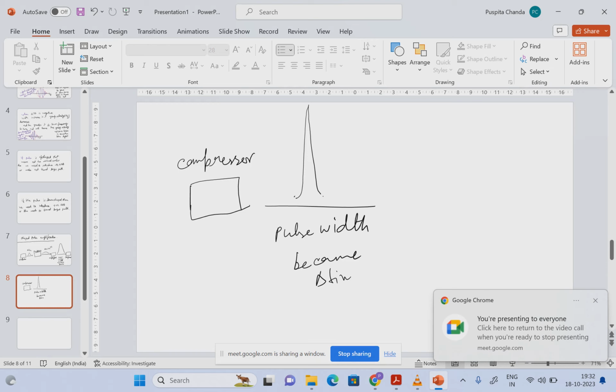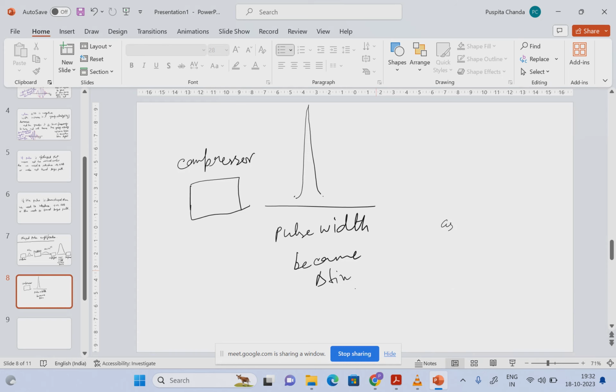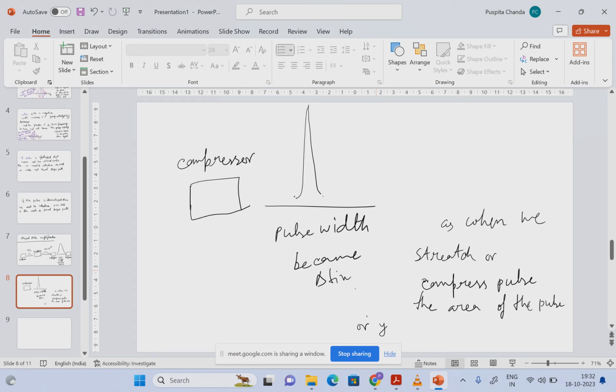So pulse width becomes delta t again. But when we stretch or compress a pulse, the area of the pulse, or you can say the total energy of the pulse, remains the same.